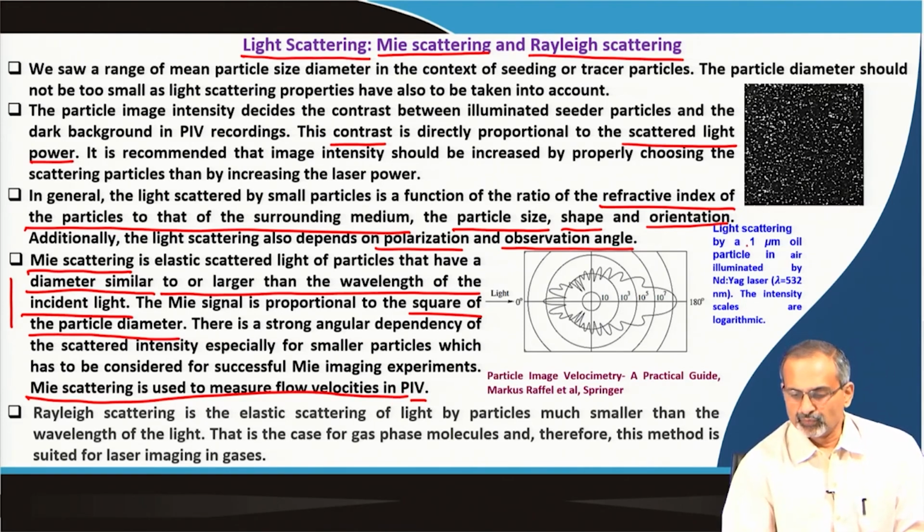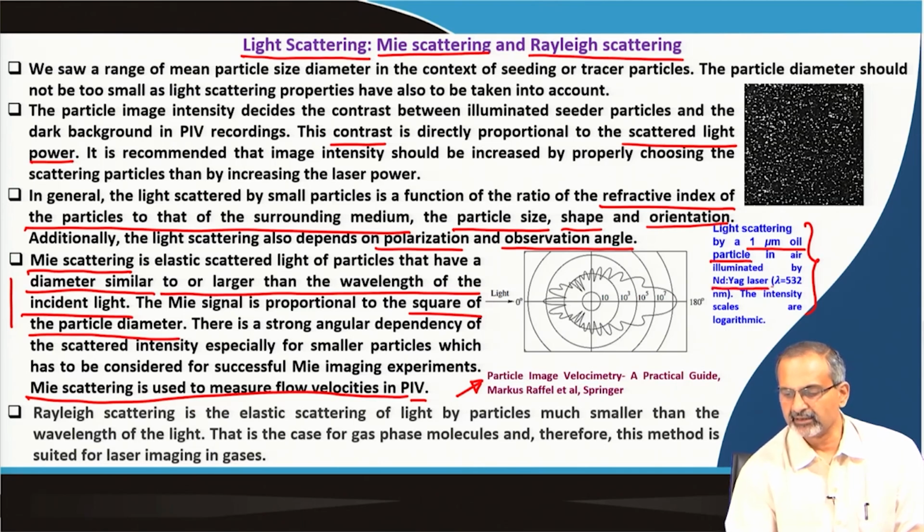We get an idea about Mie scattering by looking at the Mie diagram for a case like this, where a 1 micron oil particle has been illuminated with an Nd:YAG laser with a light wavelength of 532 nanometer. It is a green light, and the intensity scales are visible through the Mie diagram here.